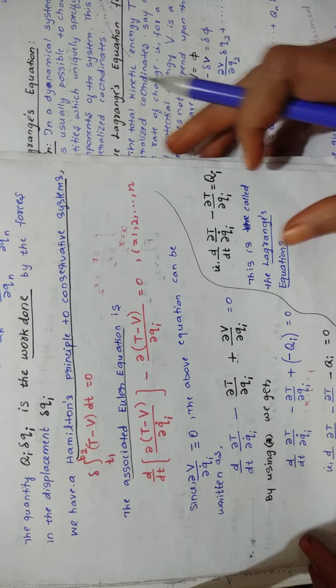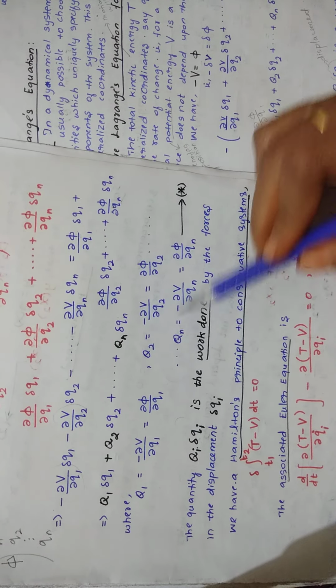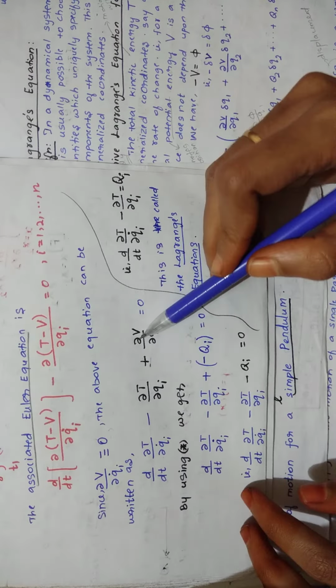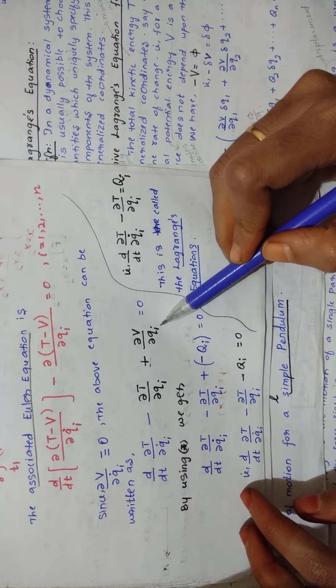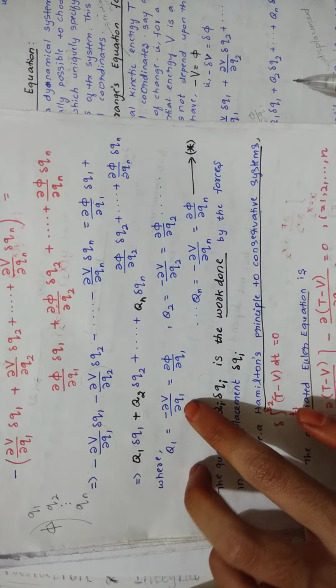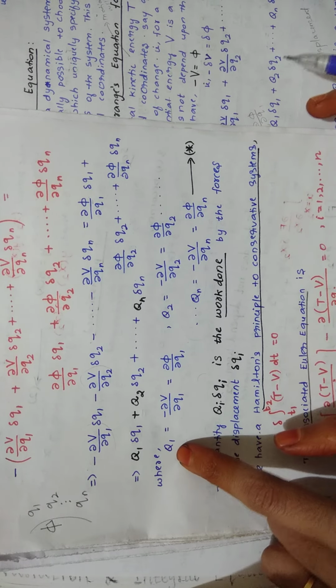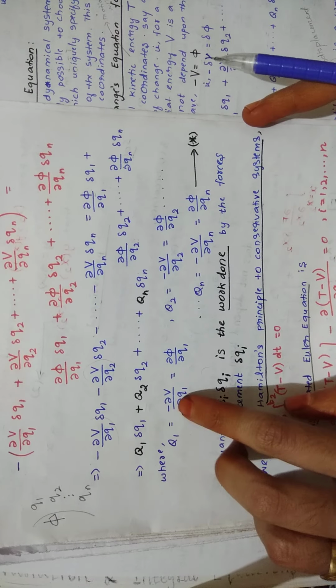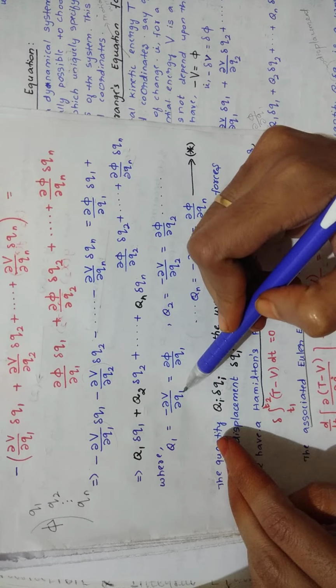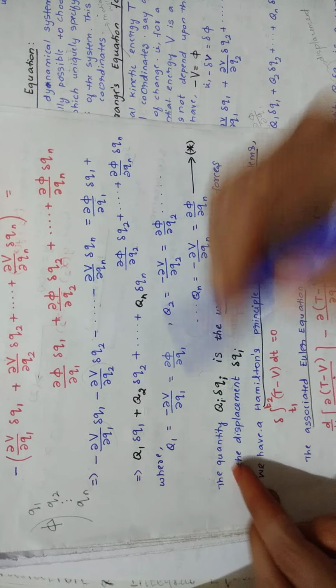Now by using star, what is our star? These values. So you are using that here in the place of dou V by dou qi. You are substituting the value dou V by dou qi is equal to minus Qi, because the value of dou V by dou q1 is needed and that value is minus q1.